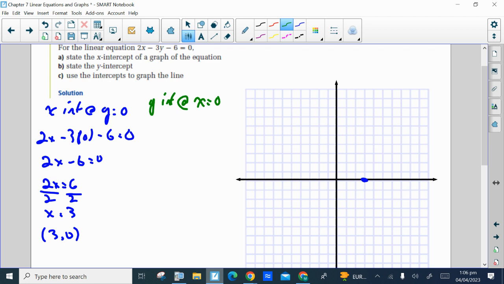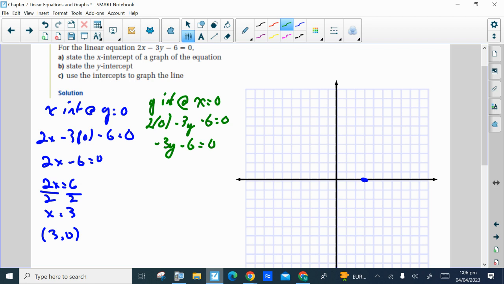So to find the x-intercept, it's always the other letter, y, which is 0. To find the y-intercept, it's always the other letter, x, which is 0. So essentially that term just will disappear because 0 times 2 is 0. 0 take away 3y is minus 3y.